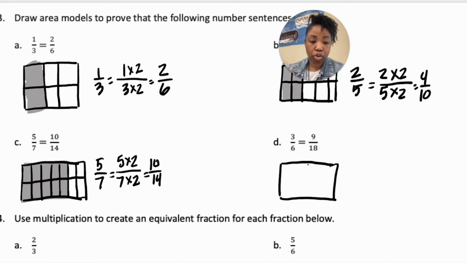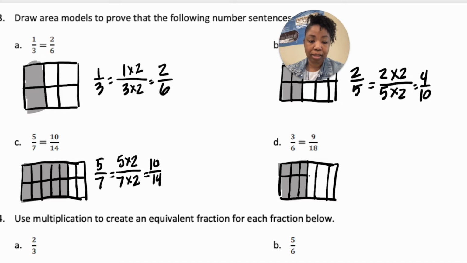For D, I'm going to make 6 parts, cut it in half, put 3 on each side. I'm going to shade 3 parts. I'm going to do this row of 6. I'm going to triple the rows. I'm going to do them 3 times.